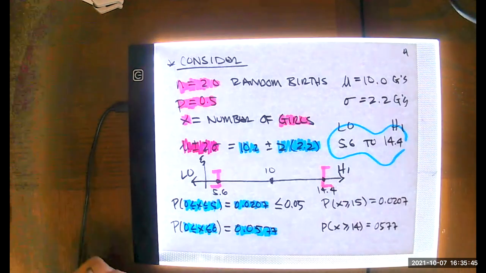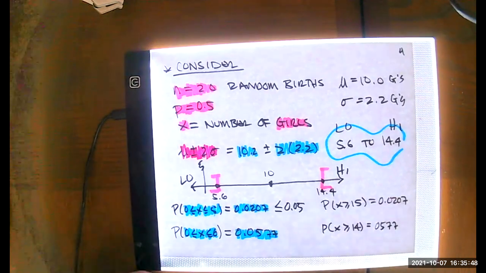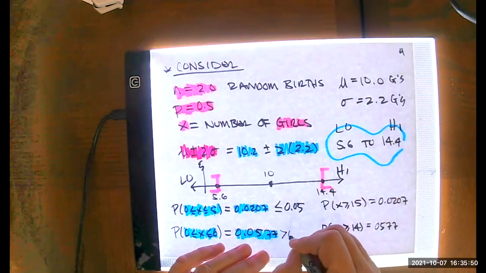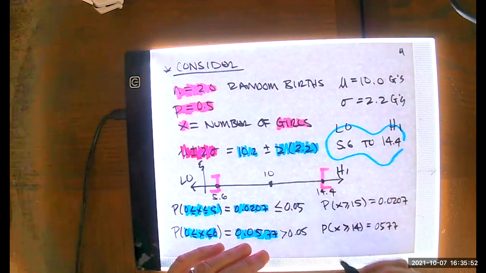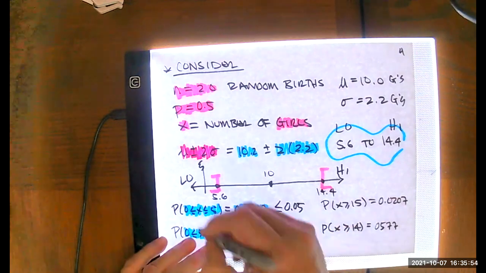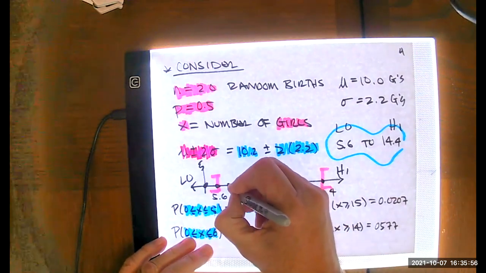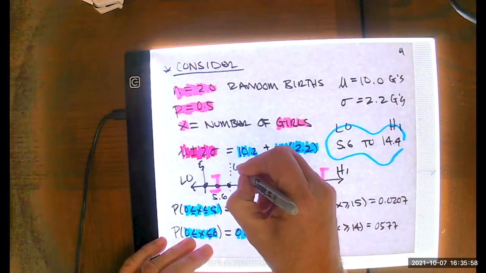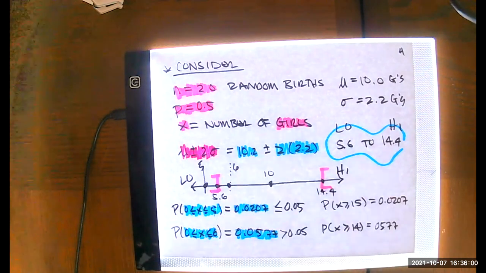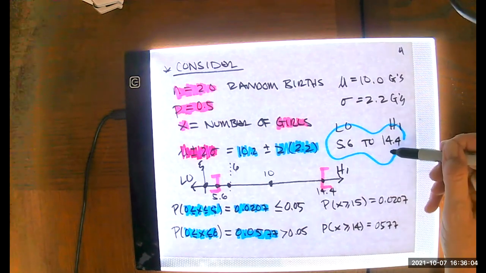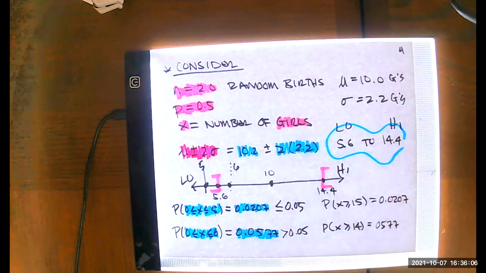On the other hand, the probability of 6 or fewer is greater than 0.05. And I will note, by the way, that 6 appears out here. 6 is bigger than 5.6. So it comports with that plus or minus 2 standard deviations, at least the minus.